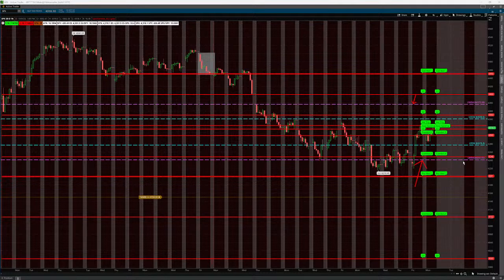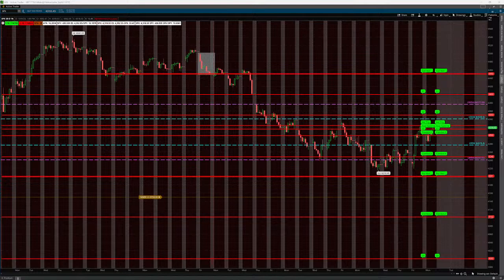And then the dashed blue lines are showing the lower and upper daily expected move, again based on the options market. And SPX should trade within this range 68% of the time again for the day.